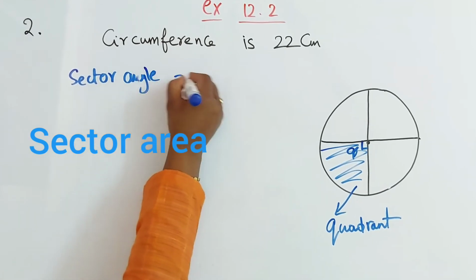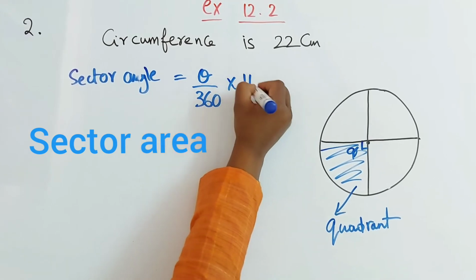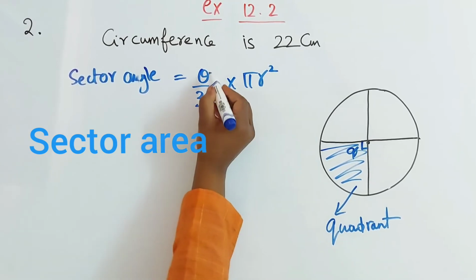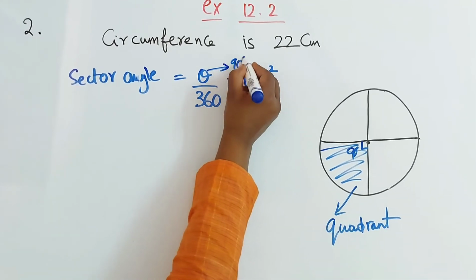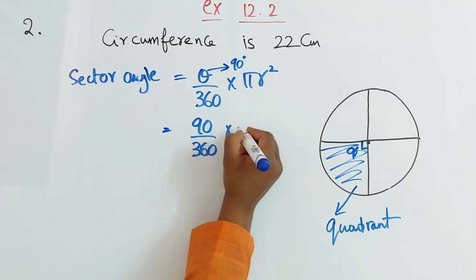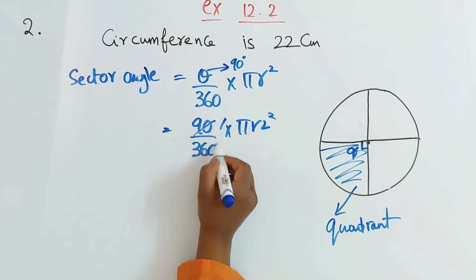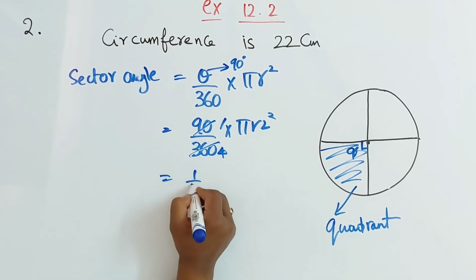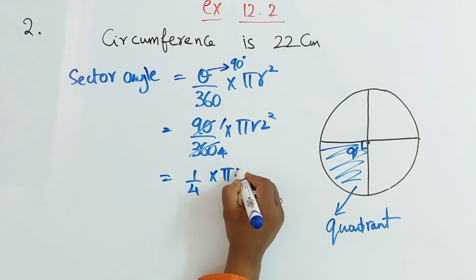Use the sector area formula, that equals theta by 360 into pi r square. Correct, children? Here theta is 90 degrees, that is given. That means 90 by 360 into pi r square. So 9 1s are 9, 9 4s are 36, 1/4 of pi r square.